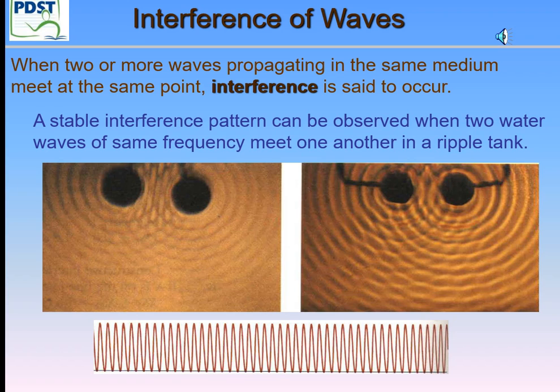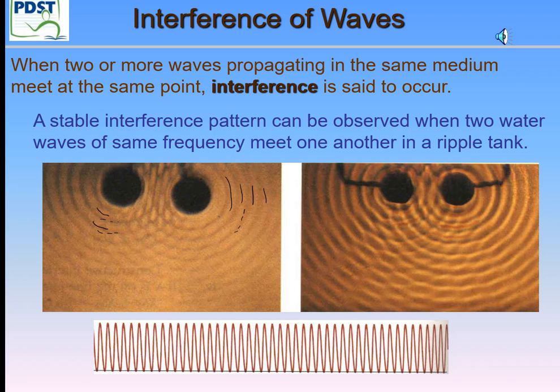So suppose you throw two rocks in water. Each rock is going to make its own waves. Each rock is going to make its own ripples. And these ripples are going to cut each other. So you can see that, let's say this rock here has these ripples. You can see the crest, and you can see the troughs down there. And this one also has its own ripples. You can see the crest there, you can see the troughs down there.